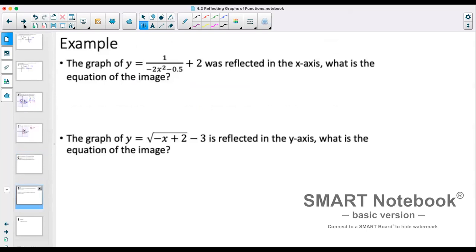So we have a couple examples here. We have a graph of y equals 1 over negative 2x squared minus 0.5 plus 2 that was reflected in the x-axis. What is the equation of our image? So what we'll do is go through and multiply every term by -1.